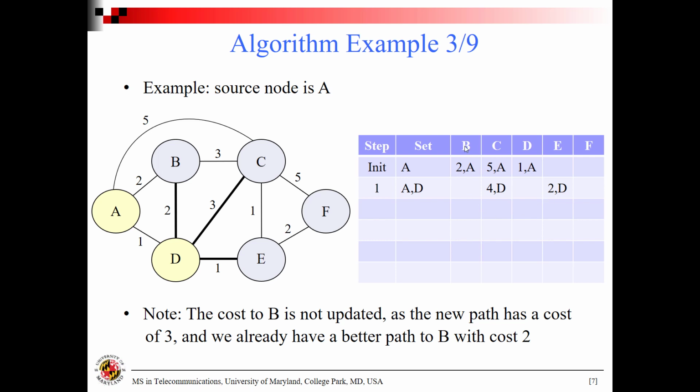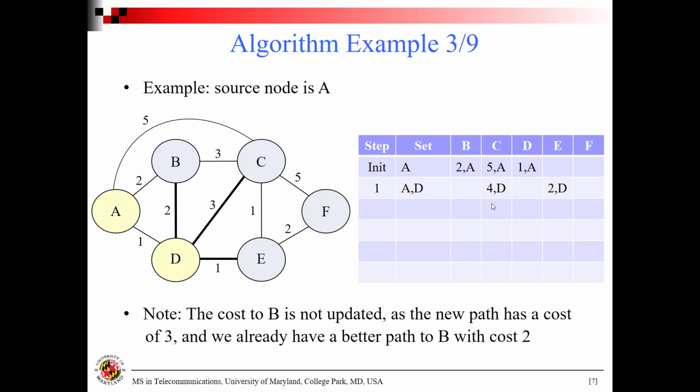So we could pick node B because it's not in the set. So we could put node B in the set, or we could put node E in the set because they have the same cost, right? So arbitrarily, we're going to do it with node E because this is how I made the slides. But please note that putting node B in the set at this stage is equally good.